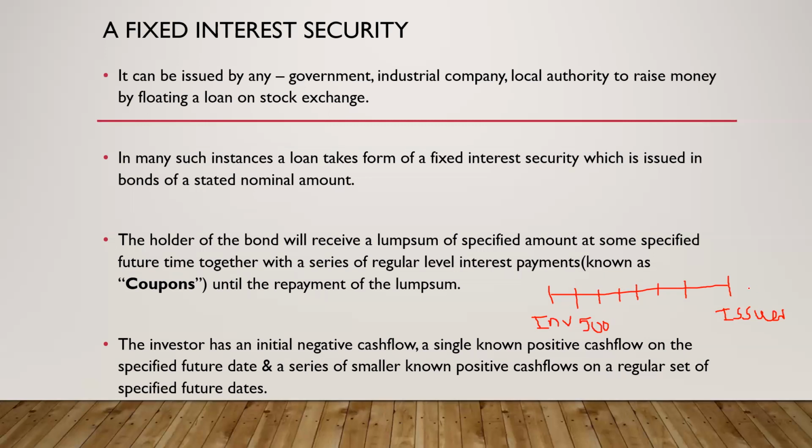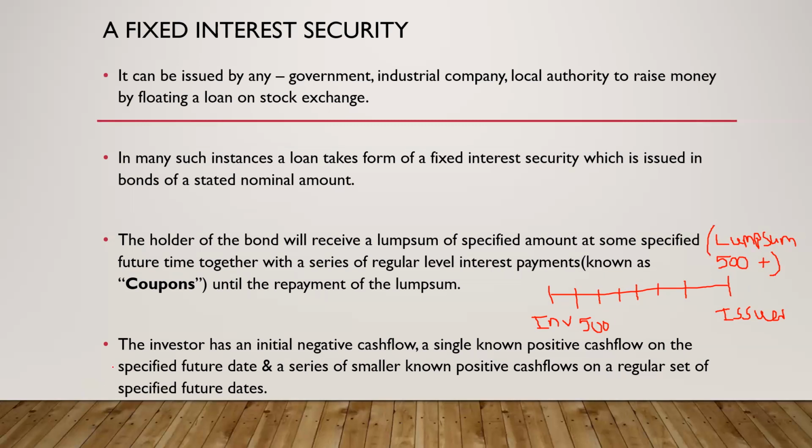And at the year end, the investor will receive the final interest payment, that is 500, plus whatever amount he had invested or paid to the issuer initially at the beginning, which is the lump sum amount. So in short, the issuer will pay the investor at the end of the tenure the lump sum amount plus the final interest payment. So this is exactly a property of a fixed interest security.